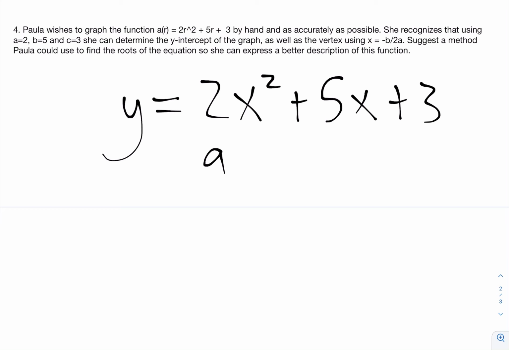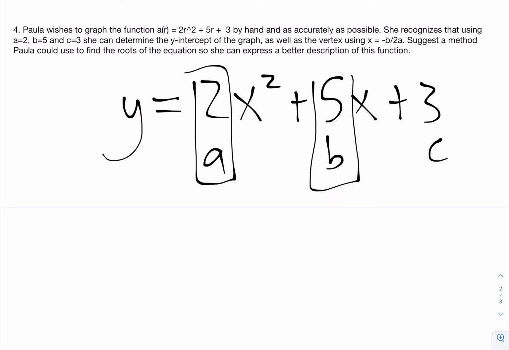Well, a is the coefficient on the x squared, b is the coefficient on the x, and c is our constant, the number at the very end. So a corresponds to 2, b corresponds to 5, and c corresponds to 3. From those numbers, we can determine the y-intercept and the x-coordinate of the vertex, and then later the y-coordinate.